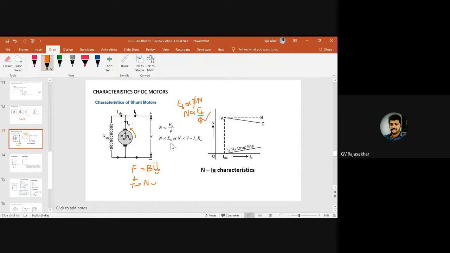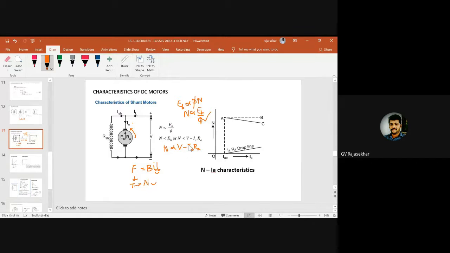So when phi is constant, N is proportional to V minus IA RA. What is V? The terminal voltage which you are giving. What is IA? The current which you are sending. When IA is equal to 0, N is directly proportional to V.